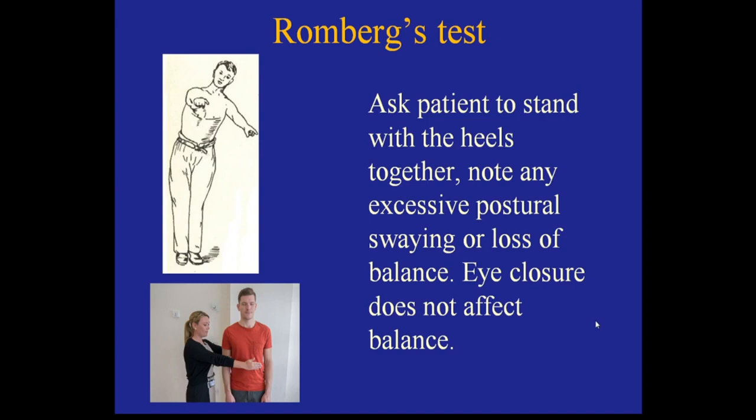Because when we discussed the sensory ataxia in case of proprioception pathology, it was said with open eyes, patients can control by vision, by sight, position of their legs, feet, of the ground, and they are always better with open eyes and worse with closed eyes and in the darkness.